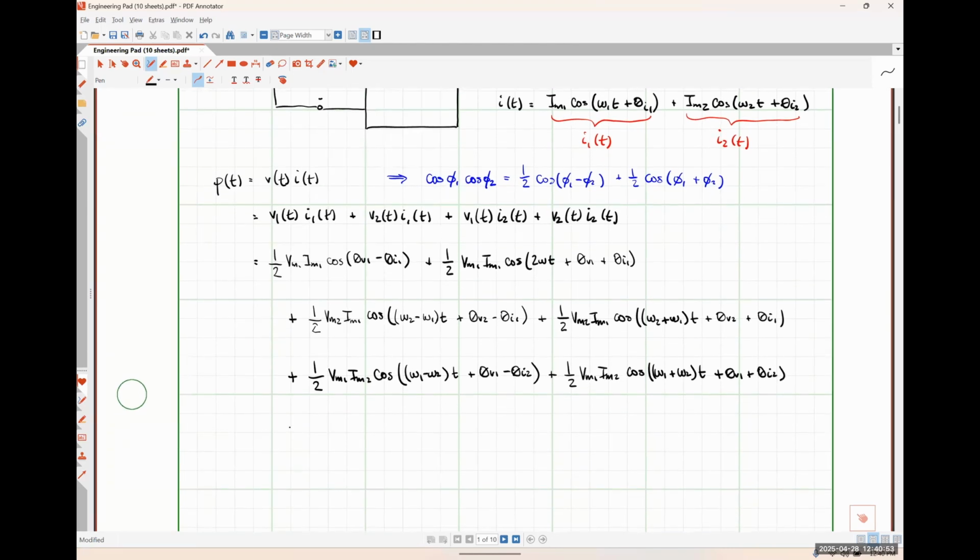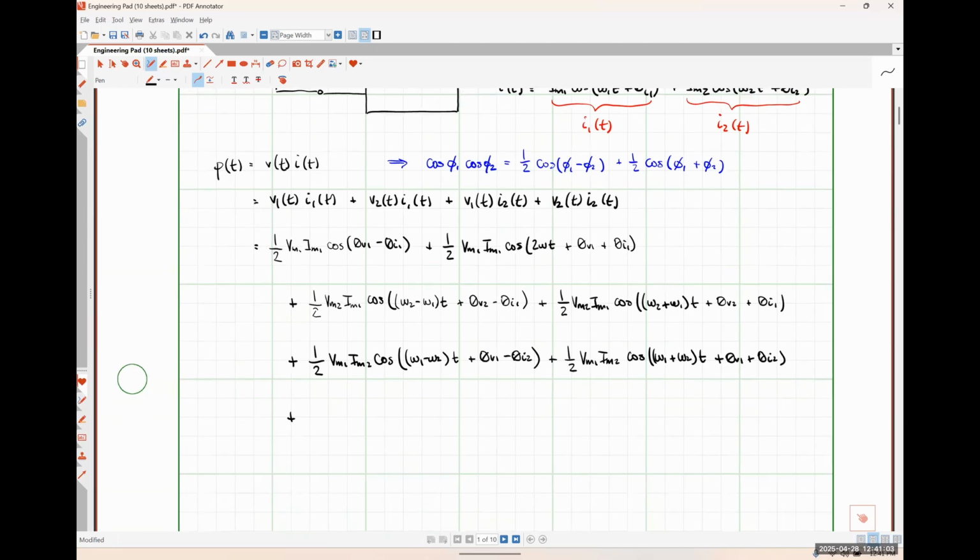And then lastly, I'm doing my V2 times I2 term. So these two are at the same frequency, so it's going to look incredibly similar to what we had when we did V1 times I1.